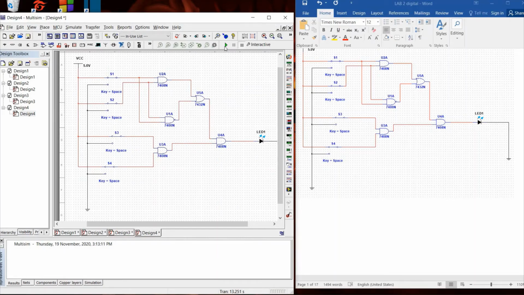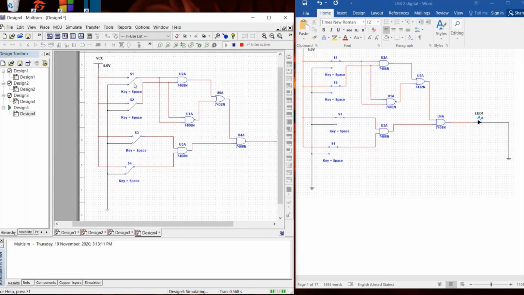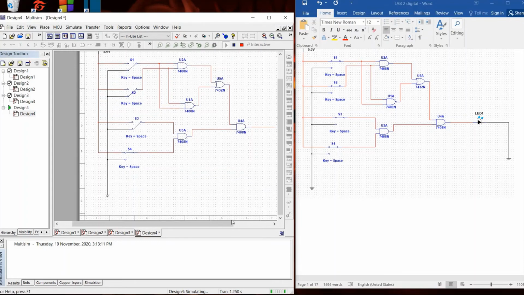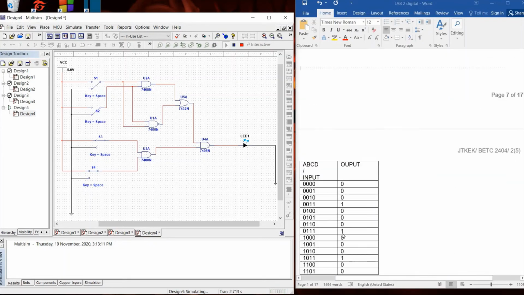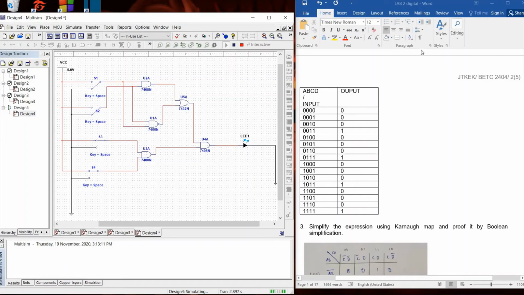As you can run here, when the input is all 0, the output is 0, and 0, 1, 0, 0, the output is also 0, and 0, 0, 1, 0, output is 0, and 0, 0, 0, 1, my output is 1. This is also exactly as my truth table.